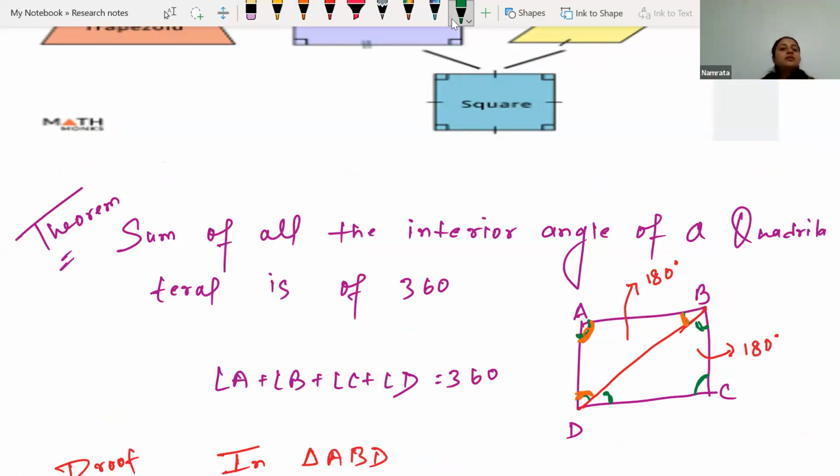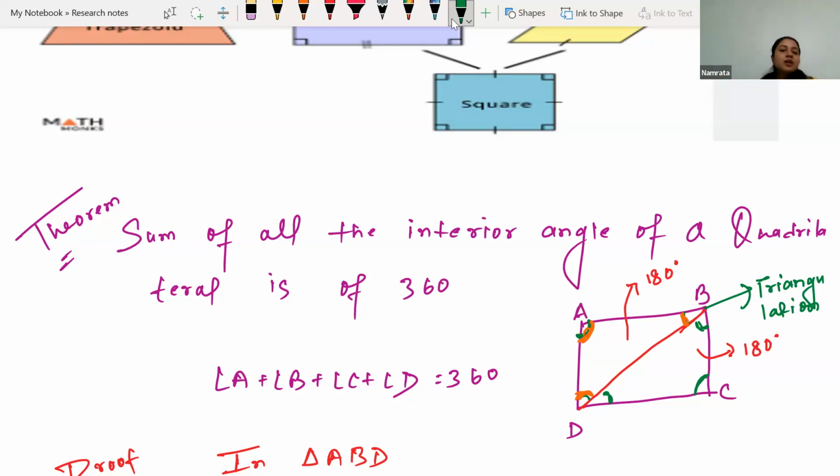Whenever you are cutting a quadrilateral in two parts by drawing a diagonal, by taking a triangle, this method is called triangulation. So when you have a quadrilateral and you are cutting it in two parts by taking one triangle and another triangle, this process of cutting into triangles is called triangulation.